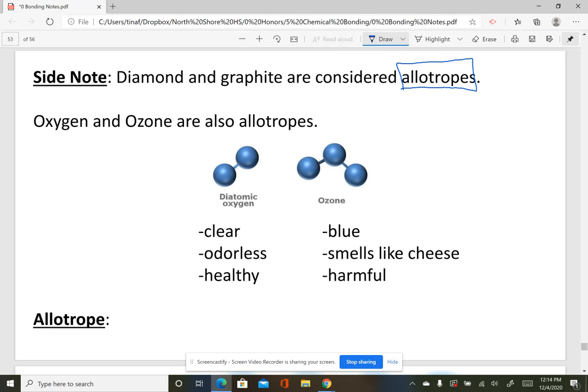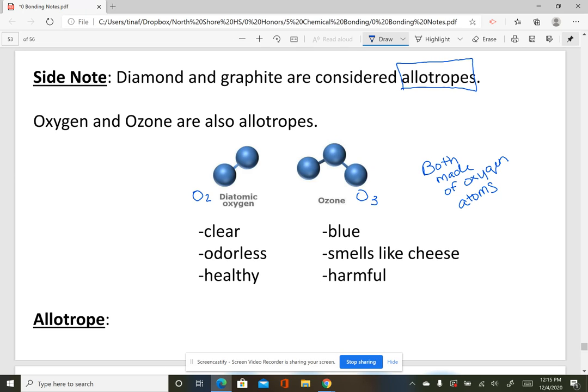Look at what they have in common. They're both made of oxygen, but oxygen is O2, that's the pure form of oxygen, and ozone is O3. So we have O2 and O3.